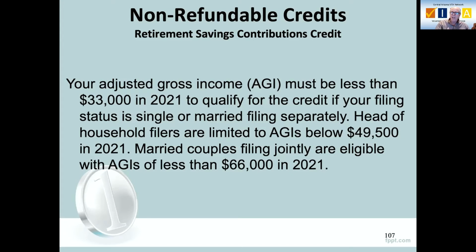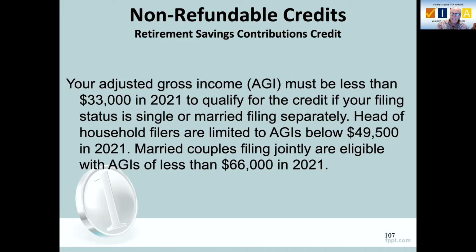And if they were to make an IRA contribution, say a $2,000 IRA contribution into their own IRA, then they would get an additional credit on the tax return. Let me give you an example, because in a way we would like to encourage these folks to start saving.